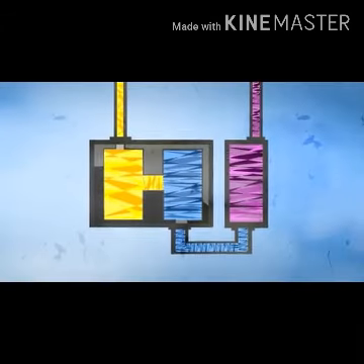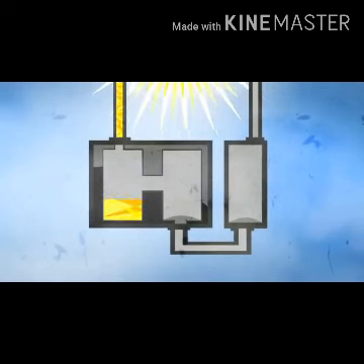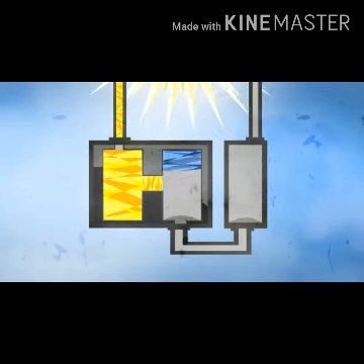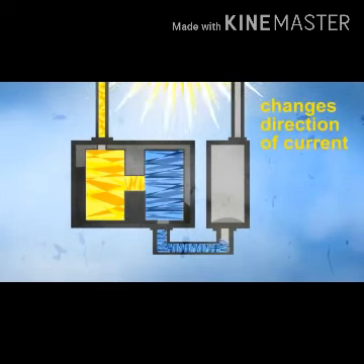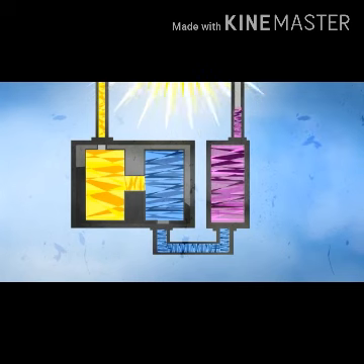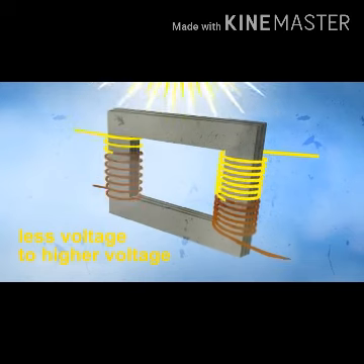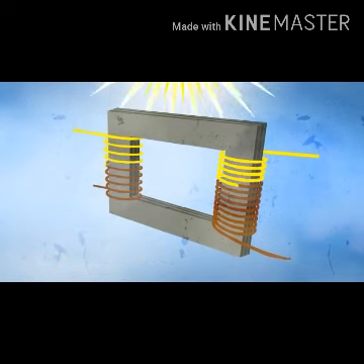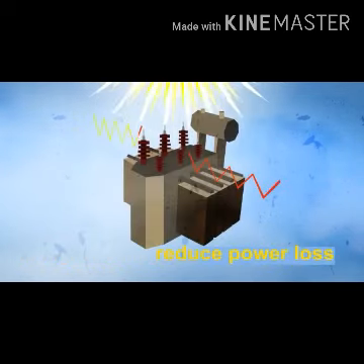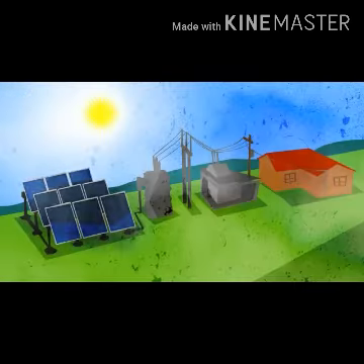That's why a solar power plant has an inverter and a transformer. The inverter converts the single current direction of DC electricity into alternating current, or AC, with changing direction. The electricity is then transferred to a transformer, which boosts it to high voltage to reduce power loss.